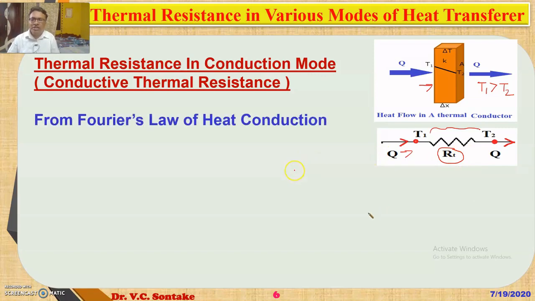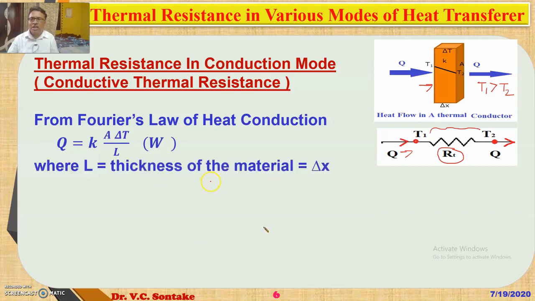From Fourier's law of heat conduction, the rate of heat transfer is given by the equation Q is equal to kA delta T by L, where L is the thickness of the material. Here I have represented this as delta X in this diagram. It is also called the length of path of heat flow.